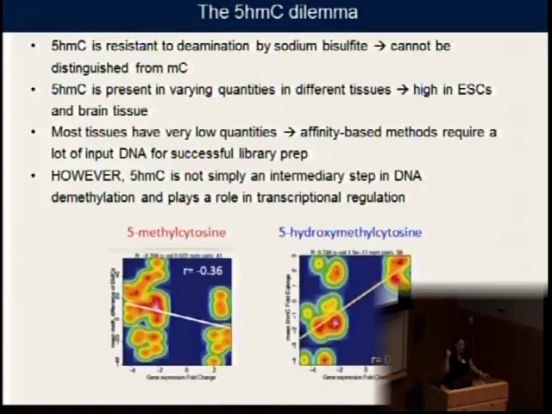It's very high in brain, it's very high in ES cells. So if you work with brain or ES cells, you certainly cannot ignore this. If you're going to do a bisulfite sequencing reaction, you need to somehow measure in parallel the hydroxymethylation. Otherwise, you will misinterpret some of the Cs as methylated when they're actually hydroxymethylated.